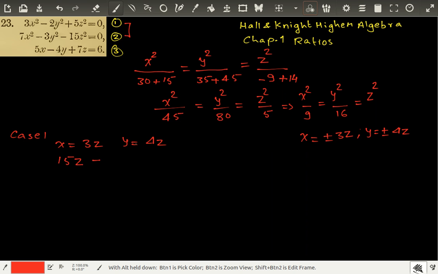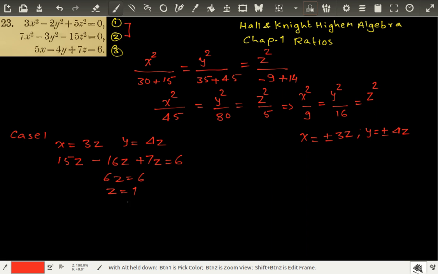So 4 times 4z is minus 16z plus 7z is equal to 6. So this gives 6z is equal to 6. Okay, from here we get z is equal to 1.